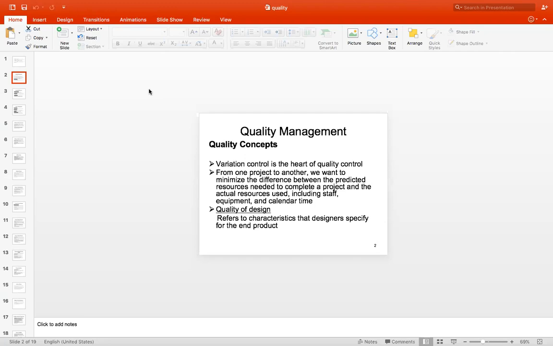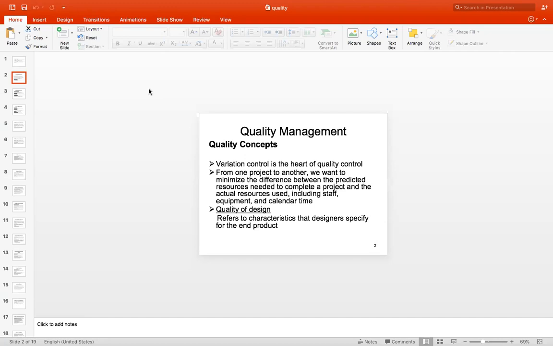Say for one project, minimum staff, less calendar time and less budget can be enough. But for some other project, staff size, budget and calendar time have to be increased. So every time the decision has to be taken depending upon the project we're doing.